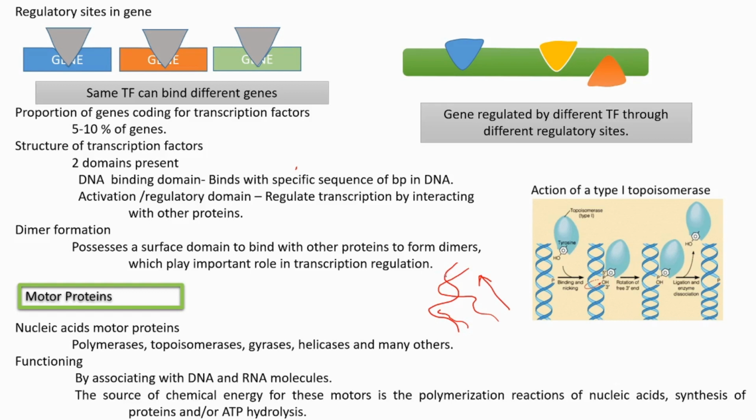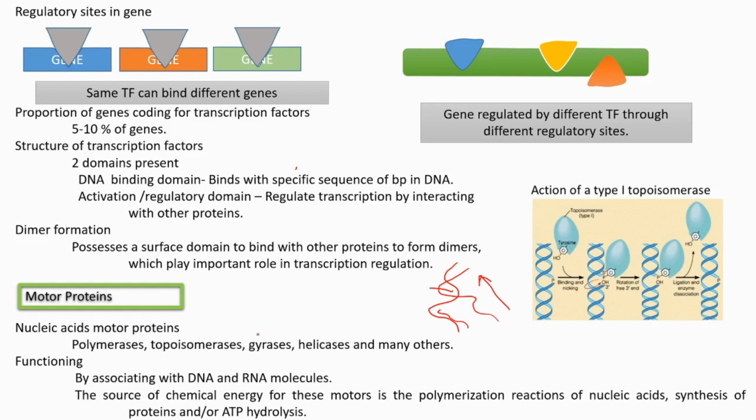To relieve that tension, the topoisomerase comes and makes a cleavage here, and in that way it reduces the strain that develops there. That is the role of topoisomerase. In the picture we can see that as strain develops here, an incision or cut is made by the topoisomerase enzyme, which facilitates the further process without developing more strain.